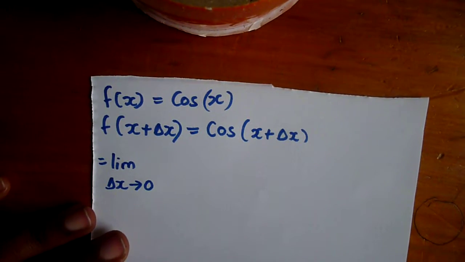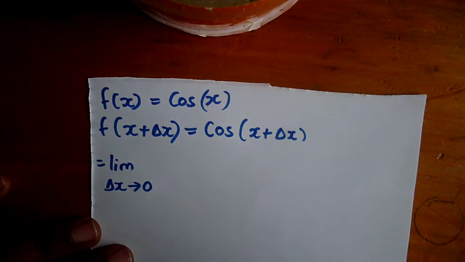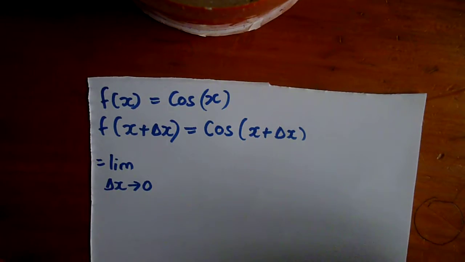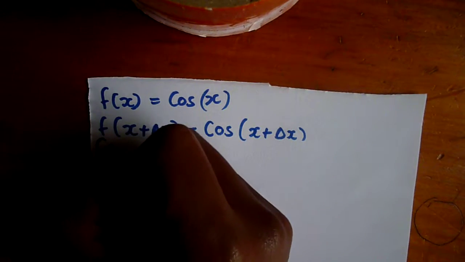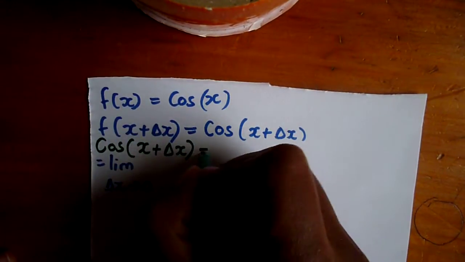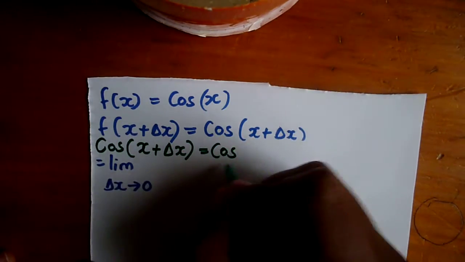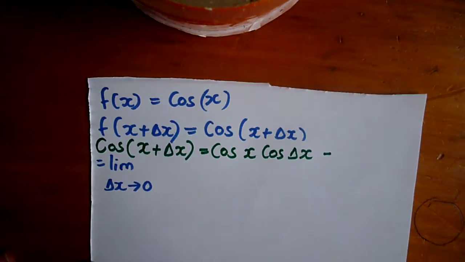But wait a minute, there's a way that we can write cos of x plus change in x using a trigonometric identity to come up with a part that has a cos x and one that has a cos change in x. How? So before we move to the limit, I'd like us to remember this trigonometric identity, which says cos of x plus change in x is just cos x cos change in x minus.